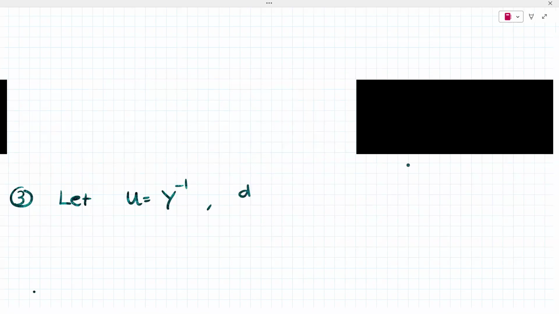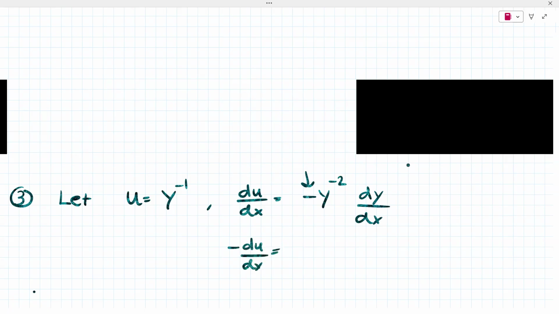So my du dx is negative y to the negative 2 dy dx. Now, you see this minus? We could put that minus in front of the du dx if you like. So you could say negative du dx is positive y to the negative 2 dy dx.